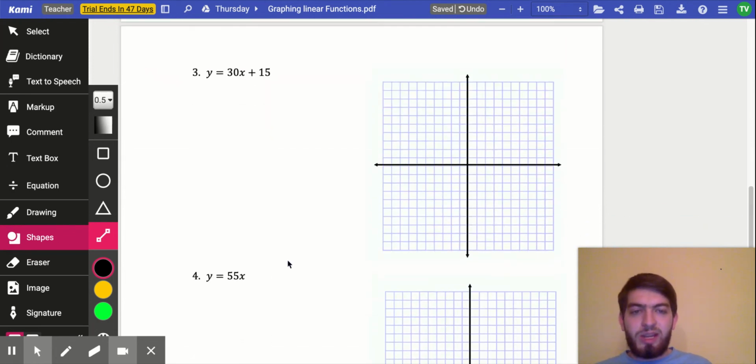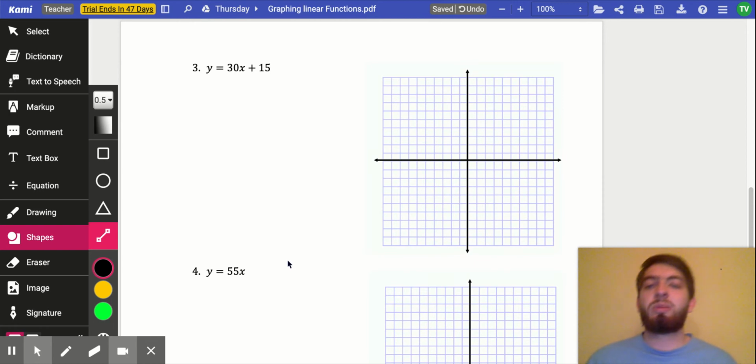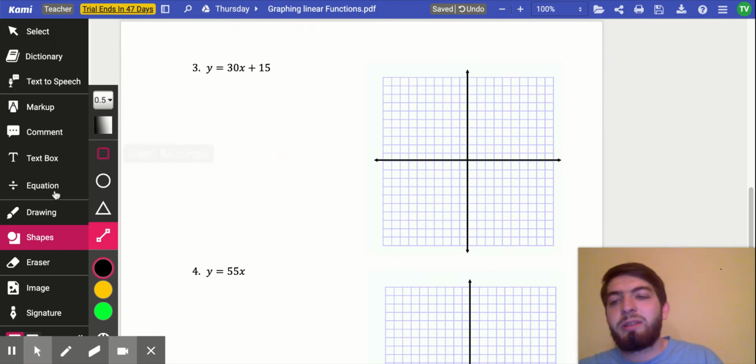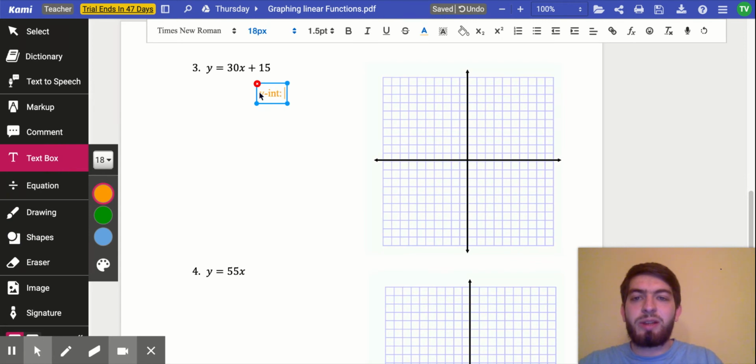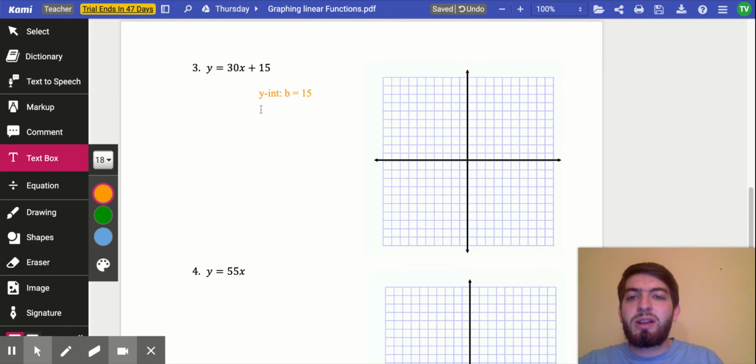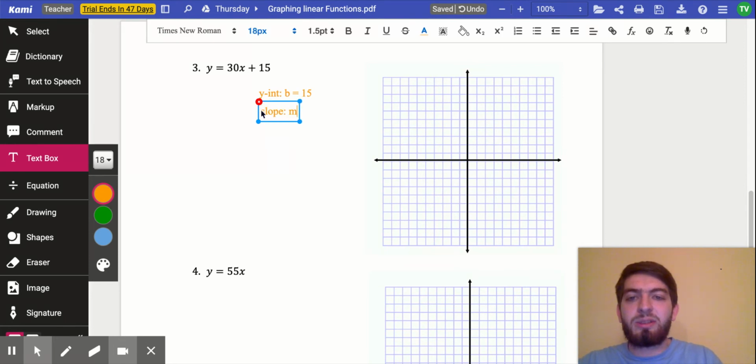So on to the next page. The thing we're going to have to deal with next week is when these numbers are a little bit larger. So we can see by looking at this, we can still find the same information. The y-intercept b is 15, and the slope m is 30, or 30/1.